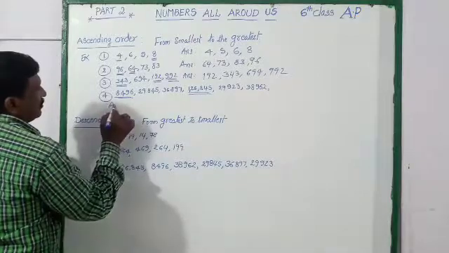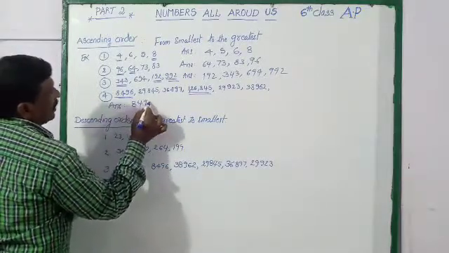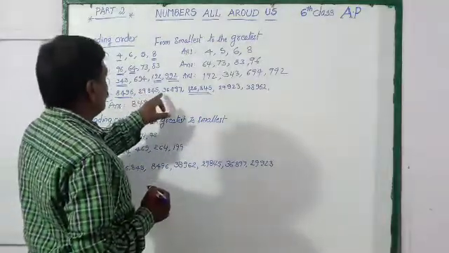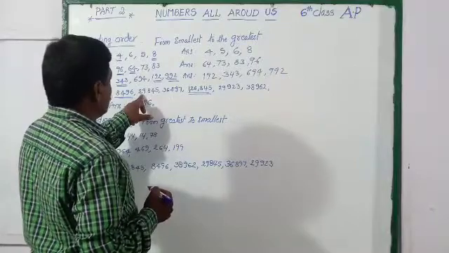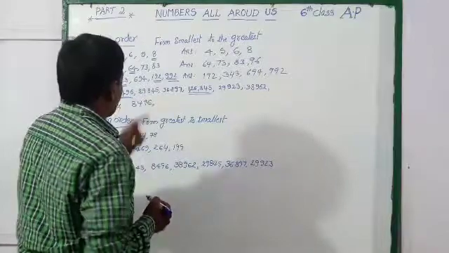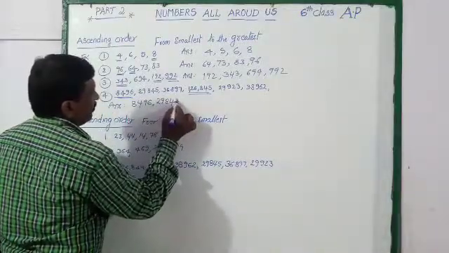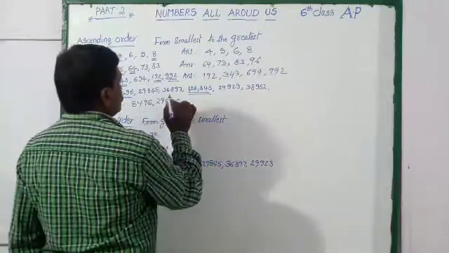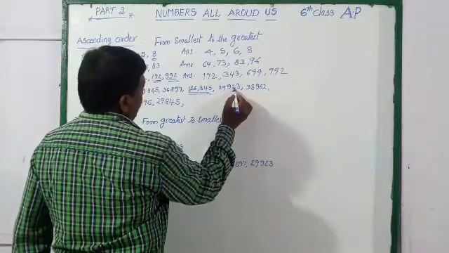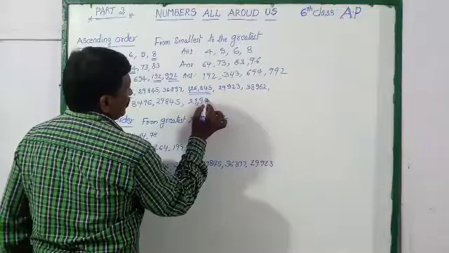So the answer: 8,496. Next, you will see 29,000, 36,000, 29,000. 29,845 next, then 29,923.